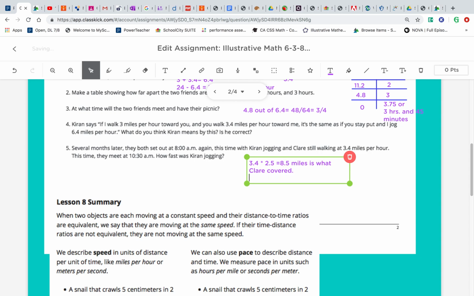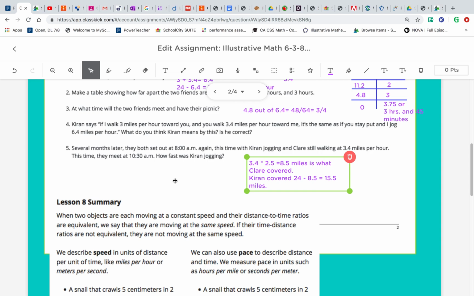And Kieran would have covered the 24 that they had to make to meet up, take away the 8.5 that Claire did. Okay, so 24 minus 8.5. Well, let's see, 24 take away 8 is 16. And then I take away another half from that. And so it would be 15.5 miles. So Kieran covered 15.5 miles.